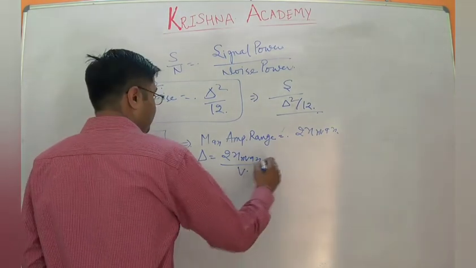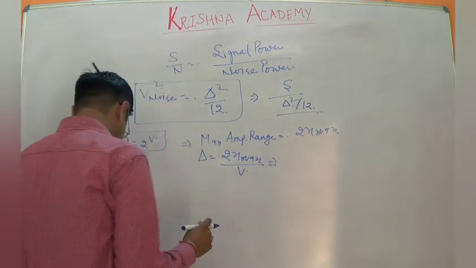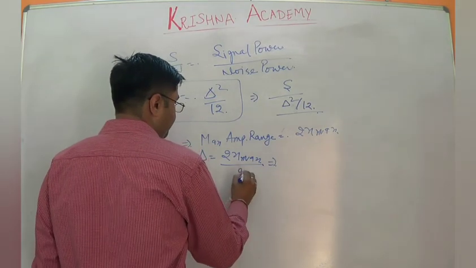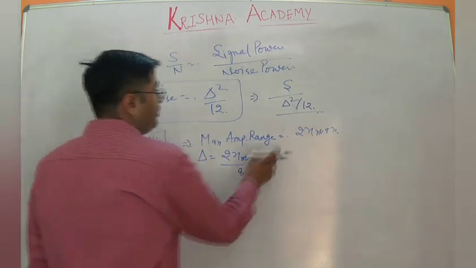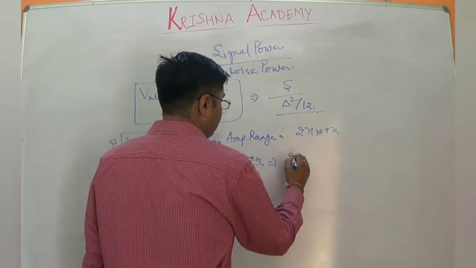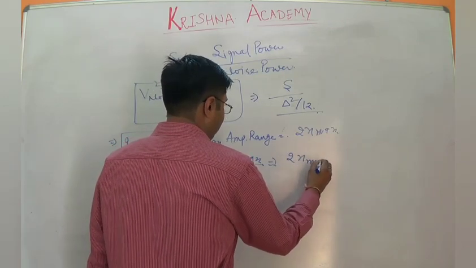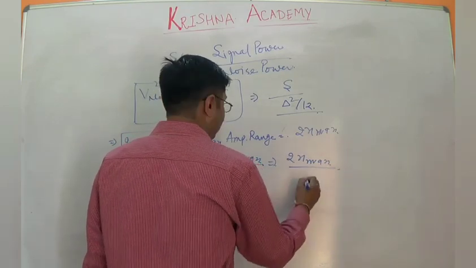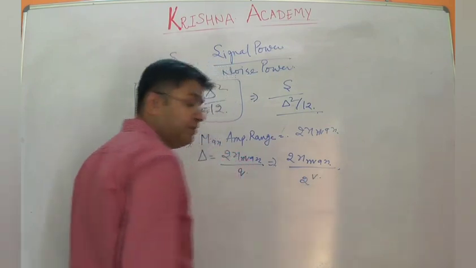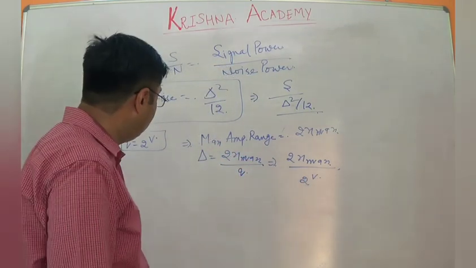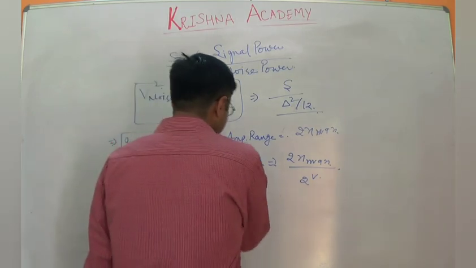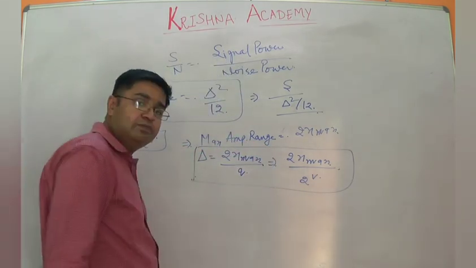So just put the value over there, upon Q, and it will be 2x maximum divided by 2 to the power V. So this will be the value of delta. Now we get the value of delta.